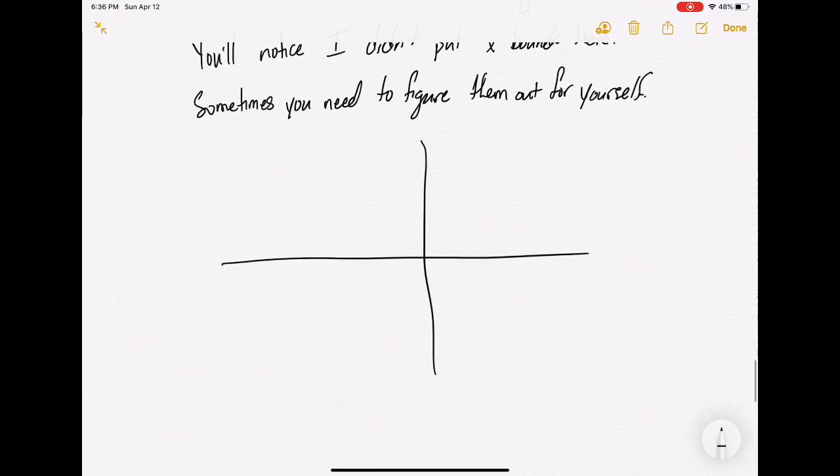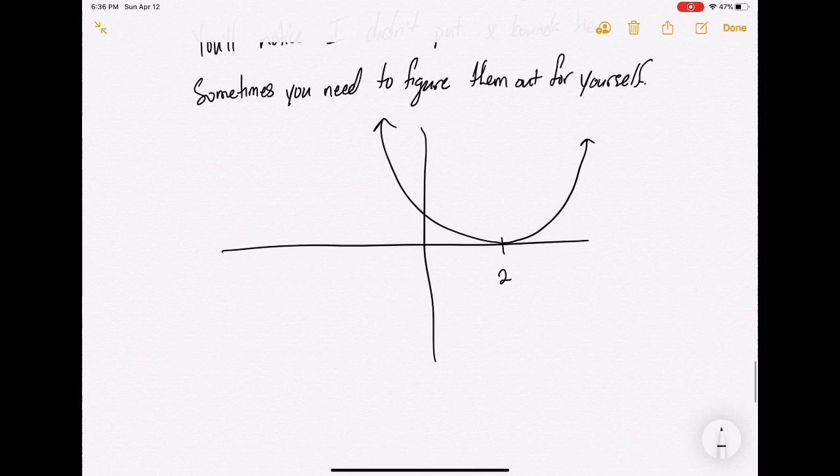So f of x looks like this. This is the point x equals 2. It's a parabola. And g of x looks like this. It's a downward facing parabola. I guess it intersects 1 right there. That's good enough.